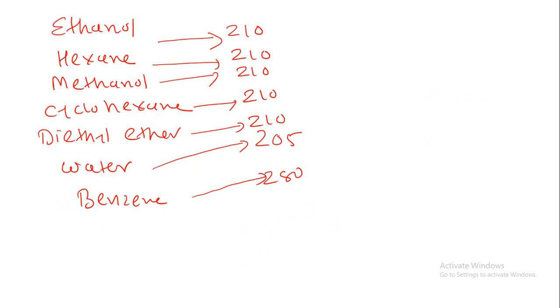I have written one chart of the different types of solvent. Let's start from ethanol, hexane, methanol, cyclohexane, diethyl ether, water and benzene. This is the wavelength cutoff: we have 210 for ethanol, hexane, methanol, cyclohexane and diethyl ether, 205 for water, and 280 for benzene.